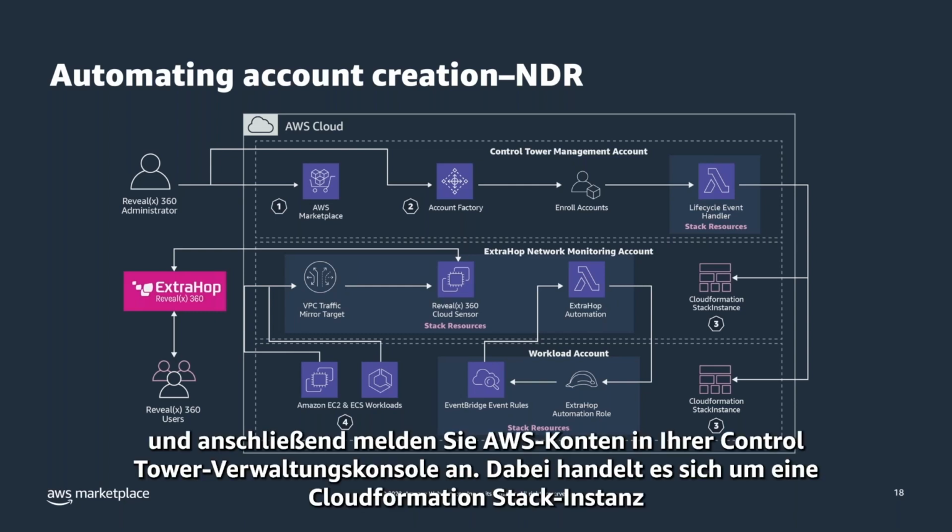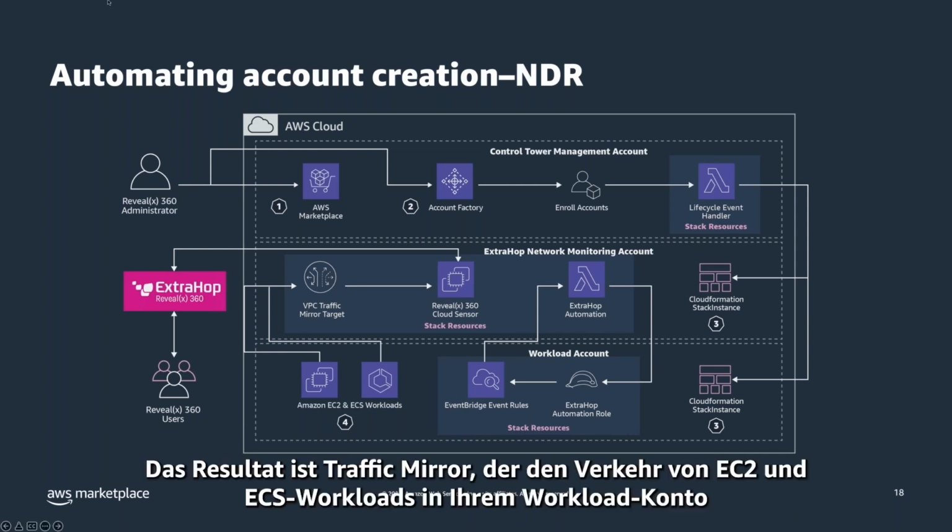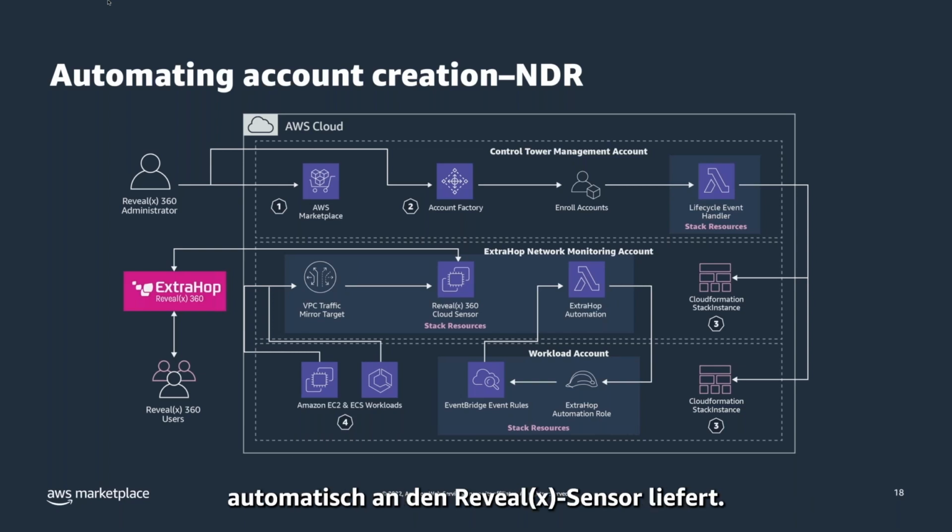And then you enroll AWS accounts in your Control Tower management console, which creates a CloudFormation stack set instance based on the type of account enrolled. And the end game is mirrored network traffic from EC2 and ECS workloads in your workload accounts is automatically delivered to the Reveal(x) sensor.